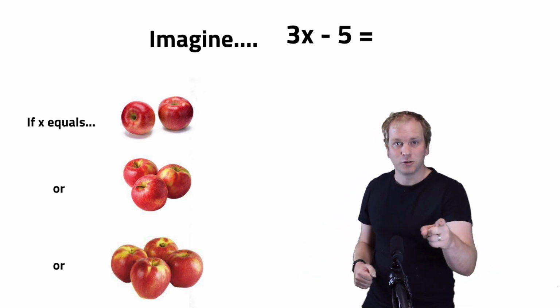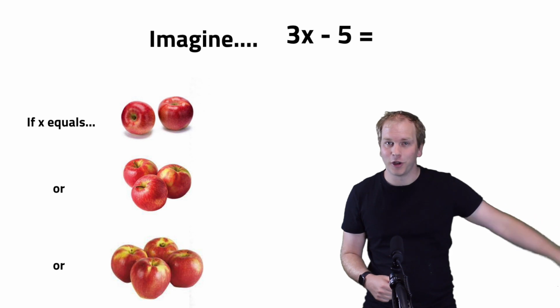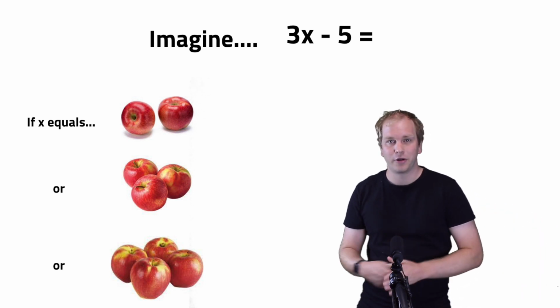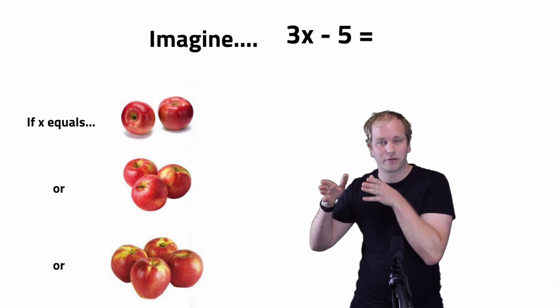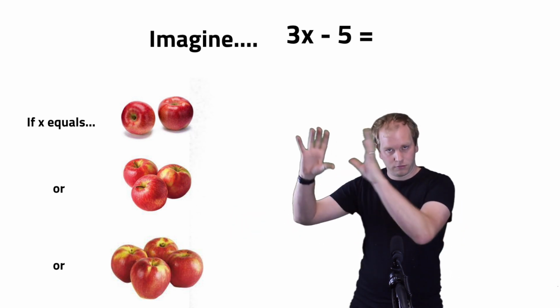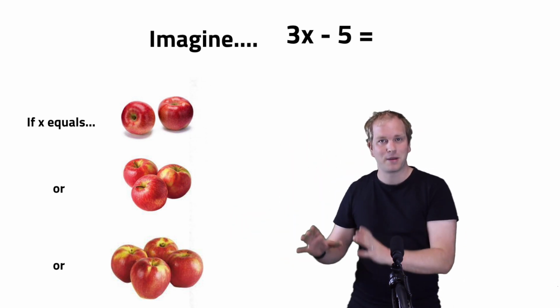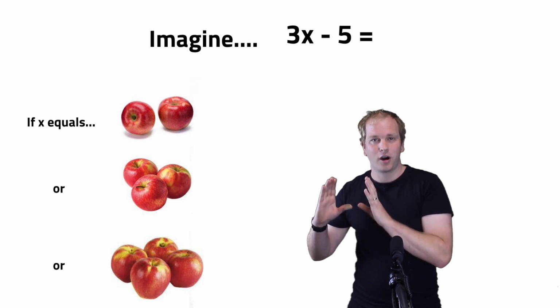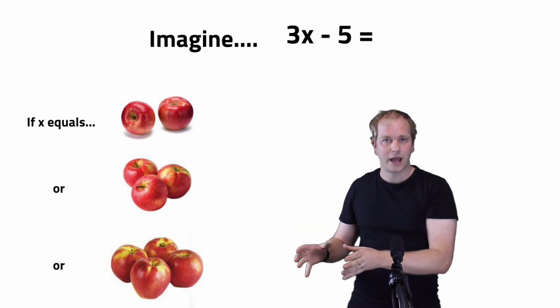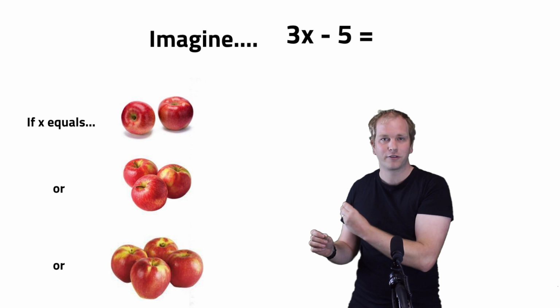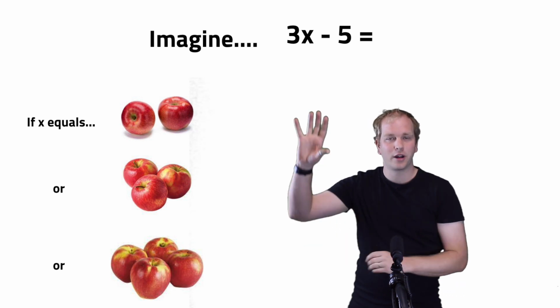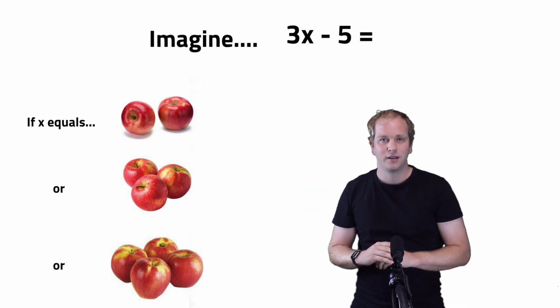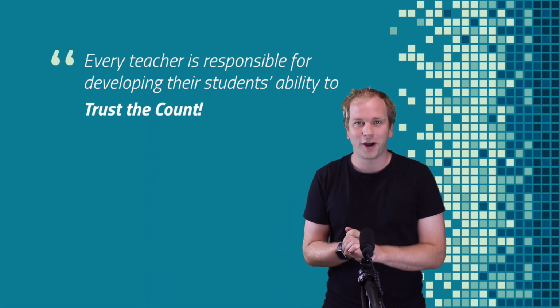Because I've got my composite unit, I can do the same thing with 100. Now I can imagine I've got maybe a giant crate with 100, perhaps looks like an MAB 100 square. I've got 1, 2, 300 apples, and I've got to take 5 away from those, so I'm going to have 295 apples.